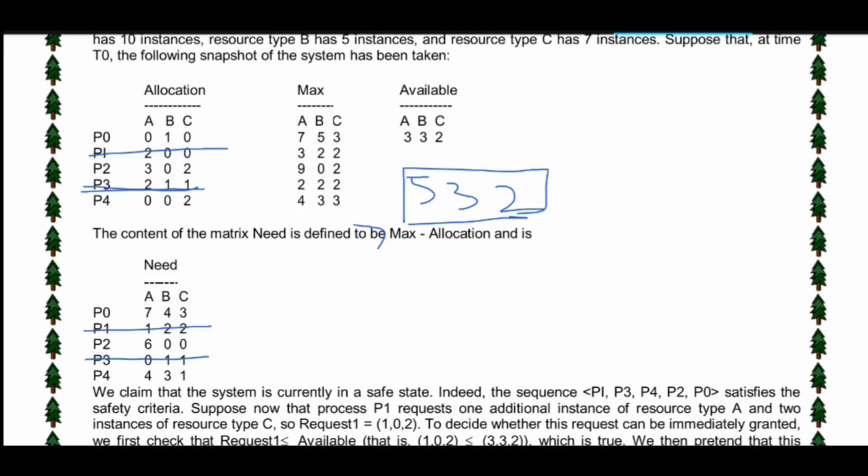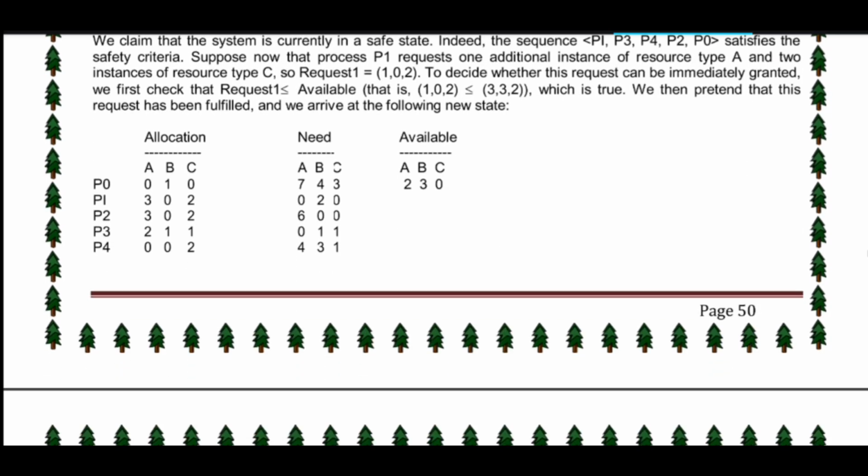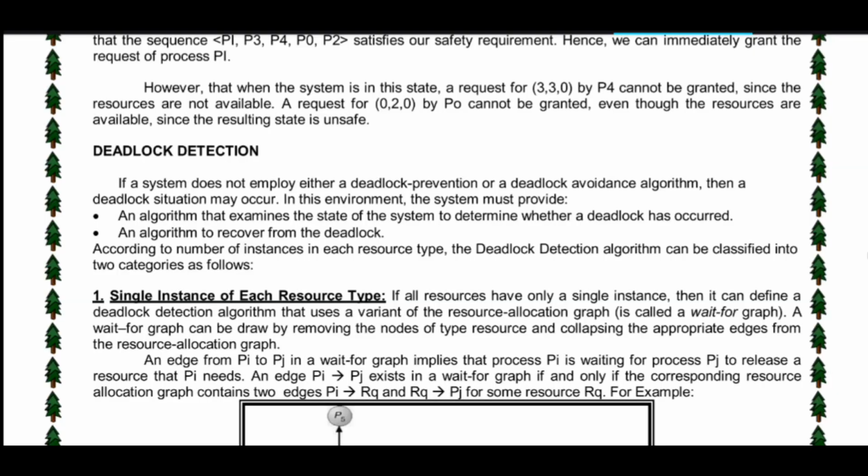Then this becomes 7, 4, 3. This is how we calculate in Banker's algorithm. We will discuss some numericals about Banker's algorithm in a later topic.